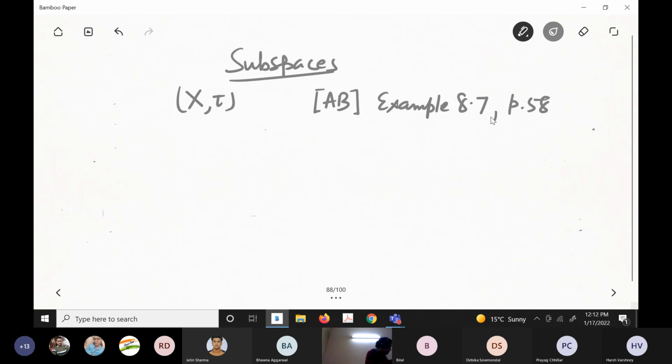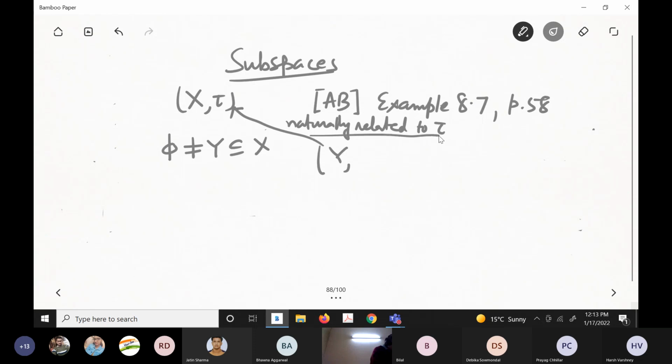The subspace topology. Now look, suppose Y, a non-empty set, is a subset of X. Now I want to have a topology on Y. Y is a set, so I can have many topologies, like the indiscrete topology or discrete topology, but that is not the question. The question is, I want a topology on Y naturally related to tau.